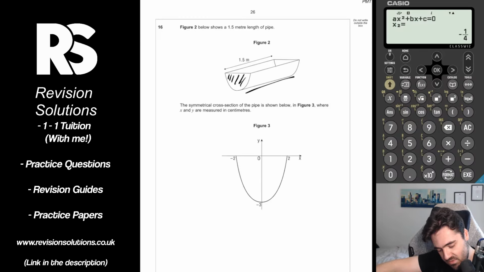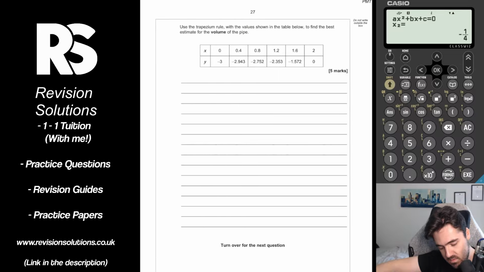So first we can get the cross-sectional area with the trapezium rule. We can get it in the formula booklet: the area is half h, then y0 plus yn plus 2 lots of all the values in between.